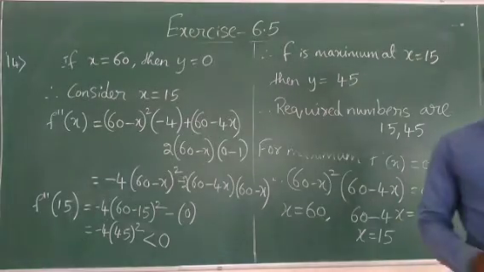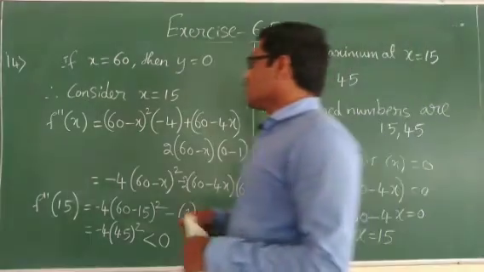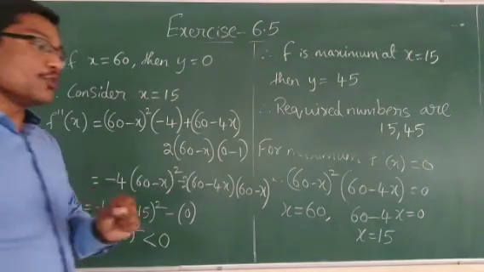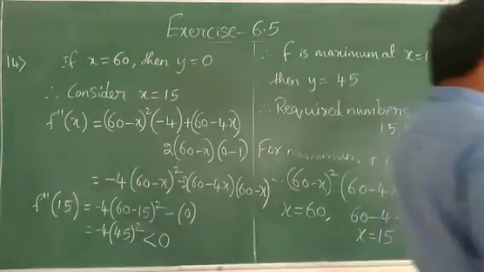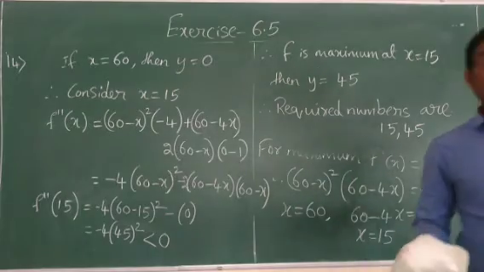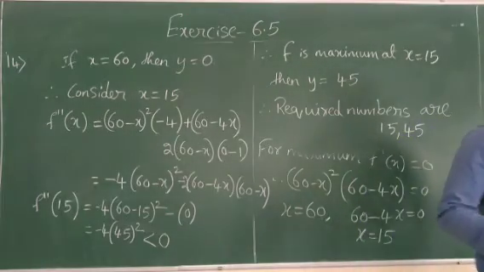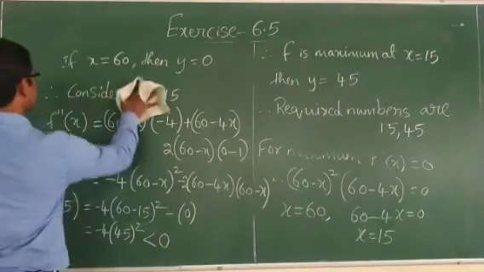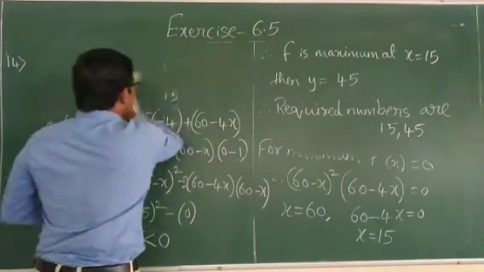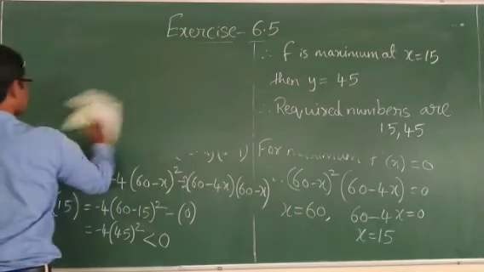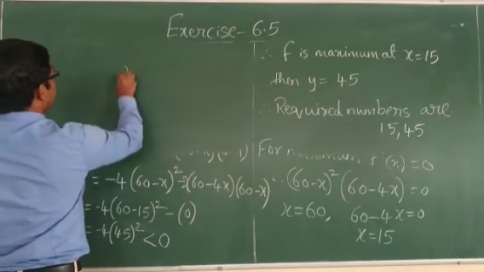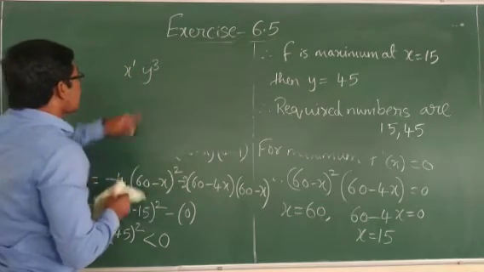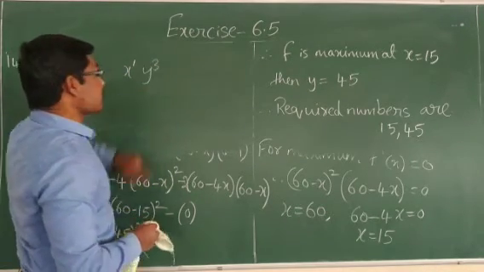Here, if you observe the product, we have x into y cube. X into y cube means y is 3 times x. If you want to find the direct answer, one way is this: we have x y cube, which means x is only one time and y should be 3 times of x.